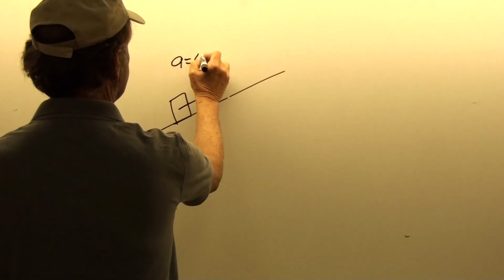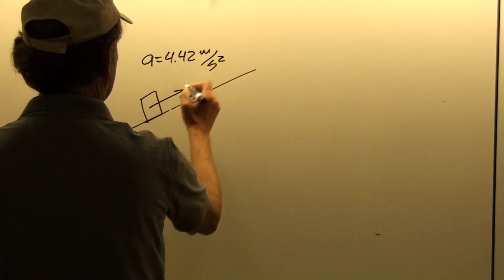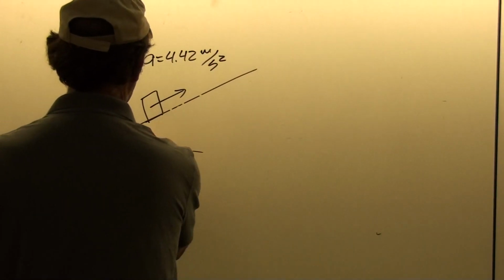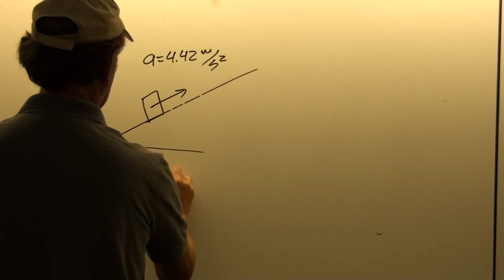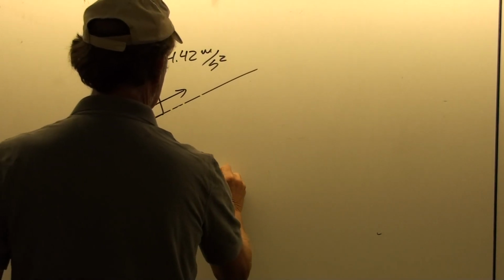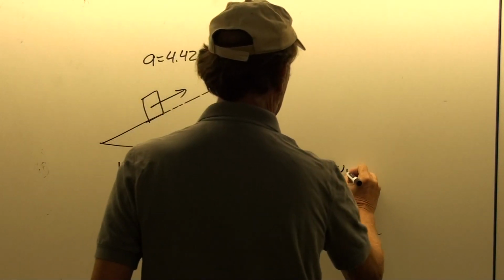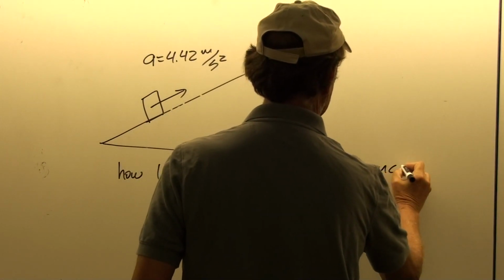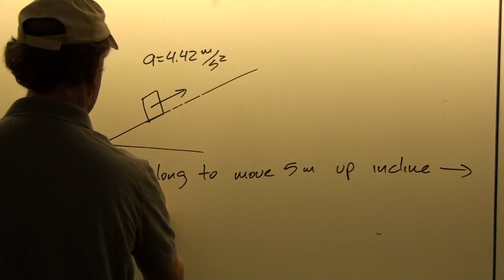A is equal to 4.42 meters per second squared. And so now let's go back to a kinematics problem. Let's ask how long to move 5 meters up the incline. Let's assume that the mass starts from rest.